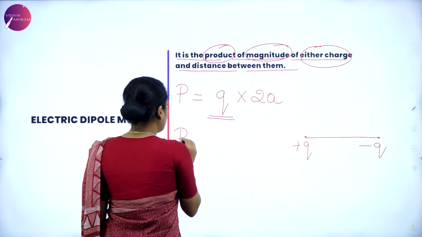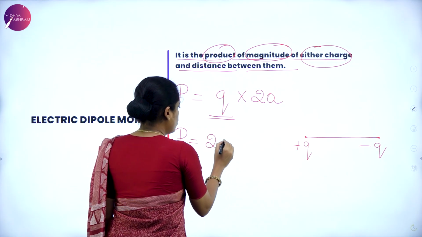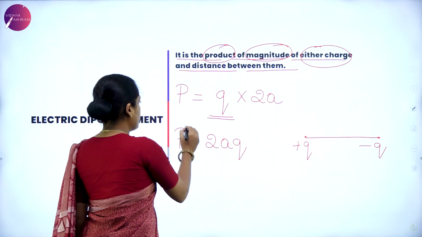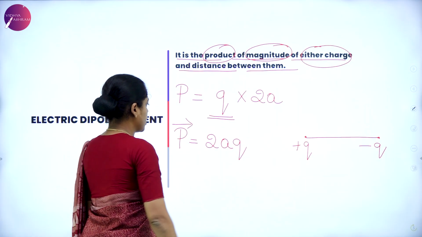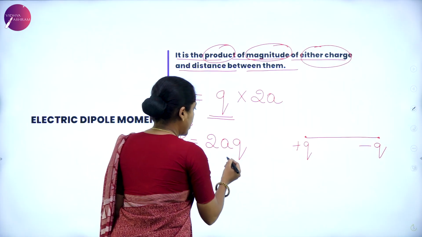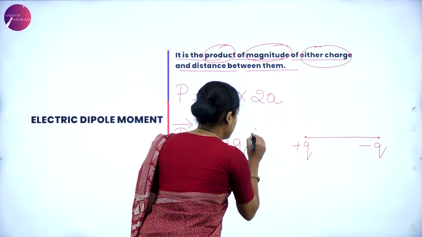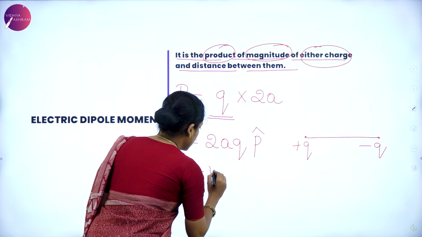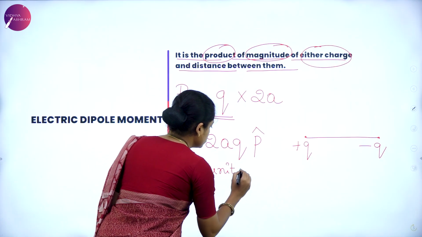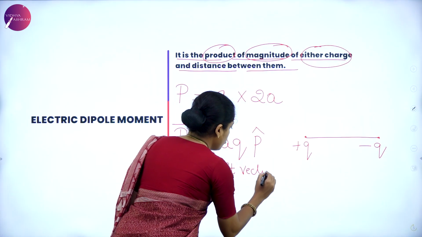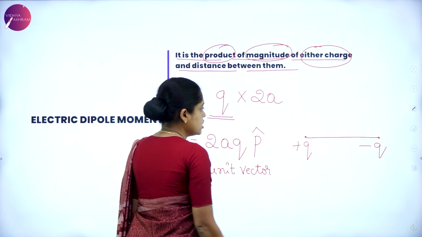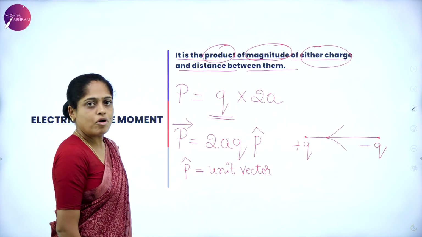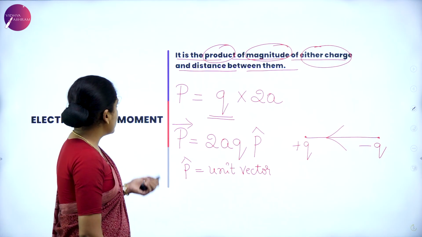Therefore, the expression is P equals 2aq. In vector form, vector P is equal to 2aq p cap. P cap is a unit vector or direction vector which gives the direction of electric dipole moment, from negative to positive. This is all about the electric dipole moment.